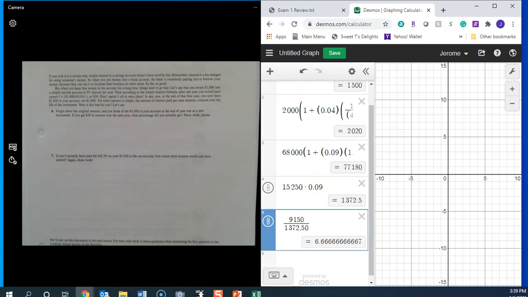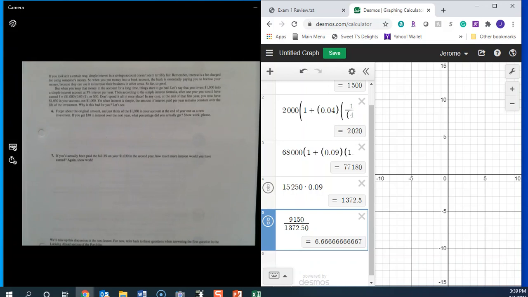Don't spend it all in one place. In any case, at the end of that first year, you now have $1,030 in your account, not $1,000. Yet when interest is simple, the amount of interest paid per year remains constant over the life of the investment.